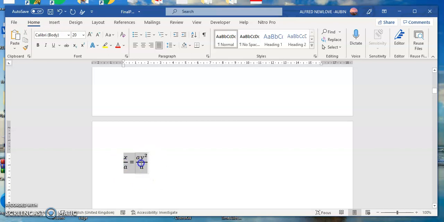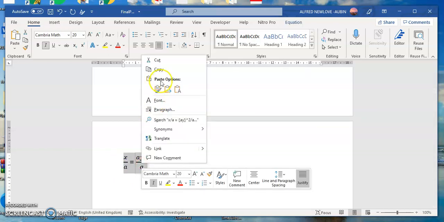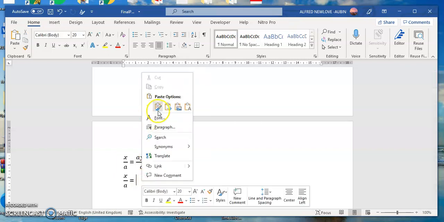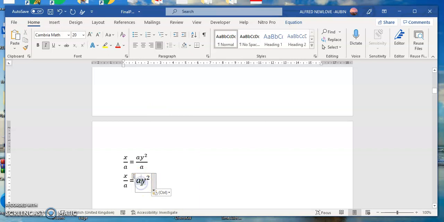We will still have this one here. But this will go away. And I only need the y squared because the a will cancel each other. I only need a y squared. So this a is out.